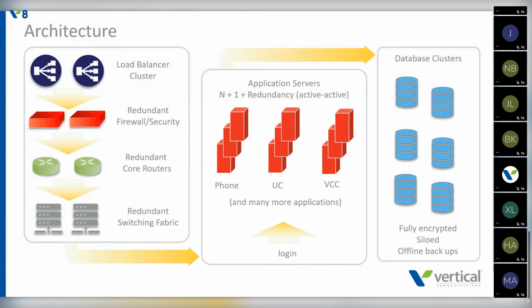If they lose part of their switching network, it should still work for you. That should not be a problem. You should still be able to operate. And all of the data should be held on redundant database clusters so that you don't have to worry about losing information as well. This is bread and butter. If you cannot see this kind of architecture in the solution they're providing, then you should not choose it.